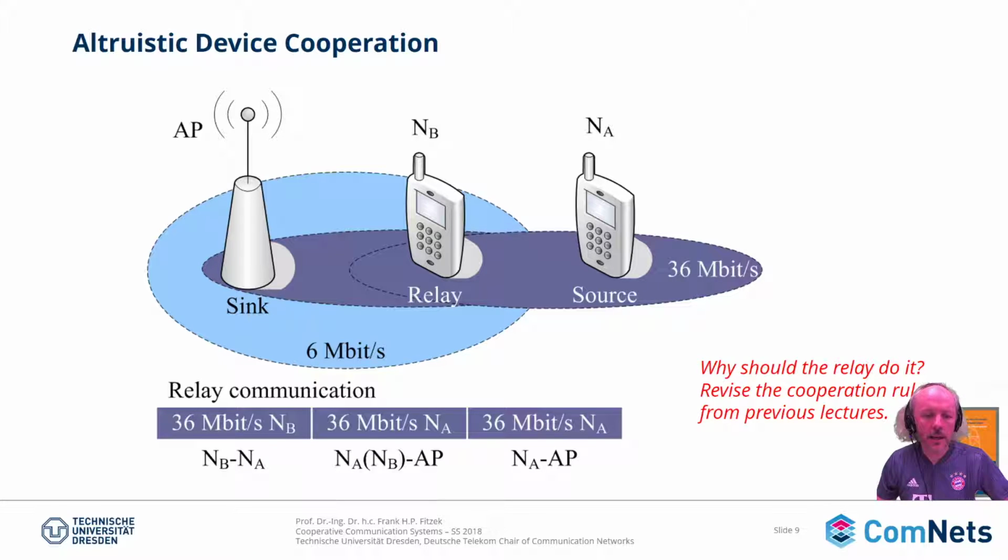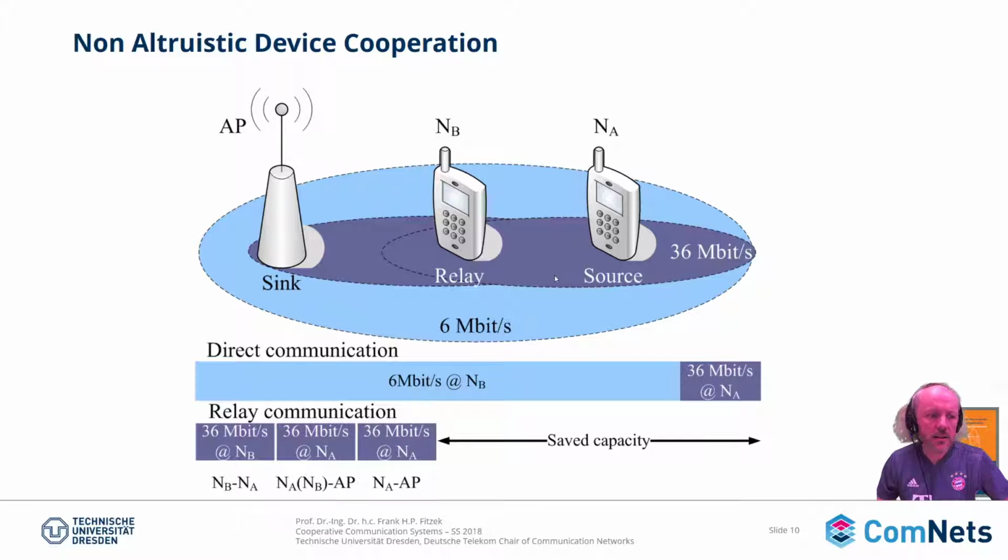And therefore, we have to revise the cooperation rules from the previous lecture to really understand why he should do this. Now we change this example only a little bit, and this looks like this. Now you see that node B can transmit with 36 megabit to the access point, and node A could send with 6 megabit per second to the access point.